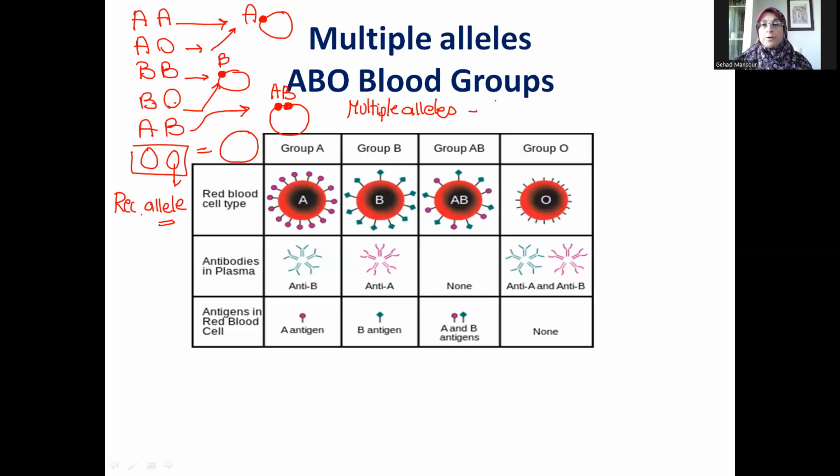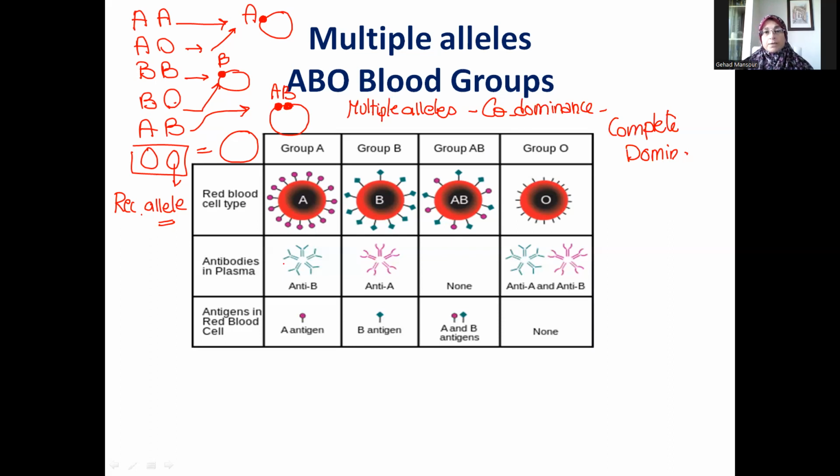It is also an example of co-dominance, because A and B are equally dominant, and it is an example of complete dominance, because A is completely dominant to O, or O is recessive to A, and O is recessive to B. So it is possible that in one inheritance case, some alleles follow Mendel's laws, like A in relation to O and B in relation to O, while others do not, like A in relation to B.